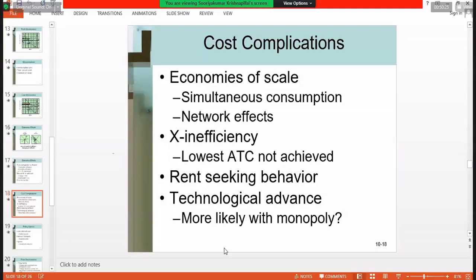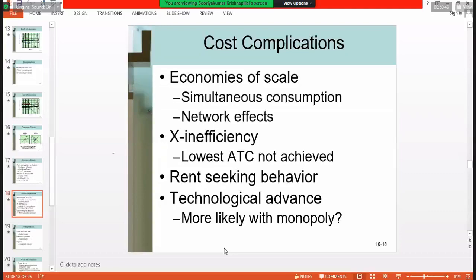So there is no threat of new firms entering, so there is no pressure for them. Then they will not be involved in research to produce at the lowest cost, as in a competitive market.